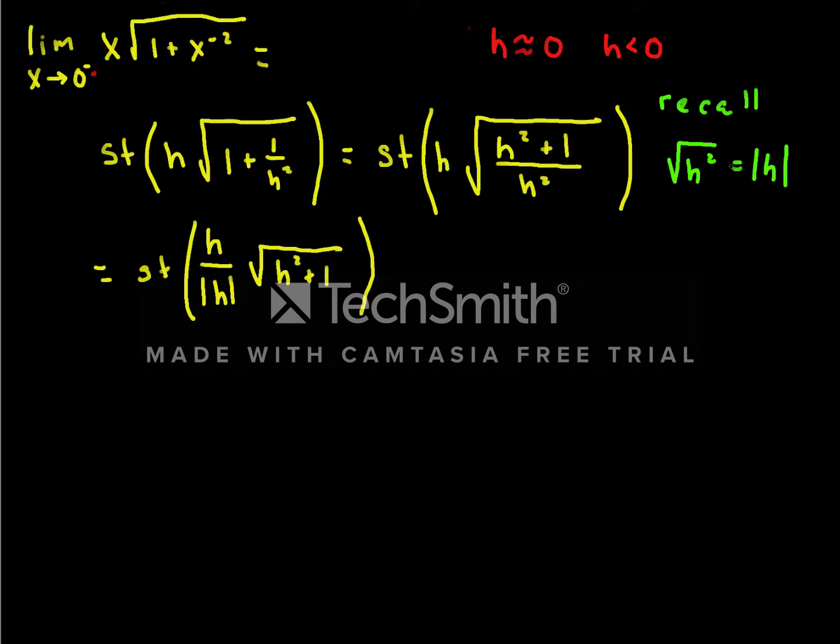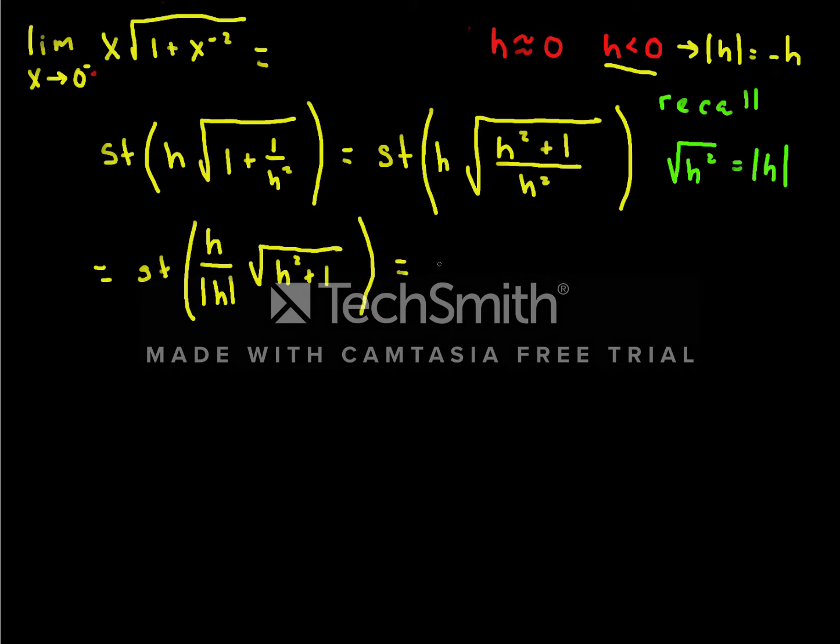It's negative. But h squared would be positive. And so the square root returns the positive value of h. So that's where that absolute value came from. And now, since h is negative, this tells me that the absolute value of h is negative h. h is negative, so if I multiply by negative, it becomes positive.